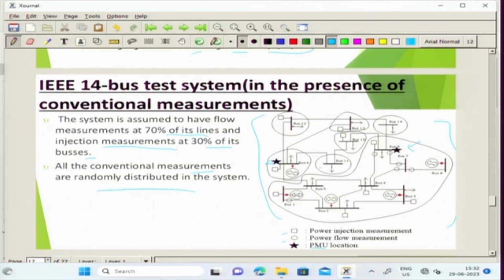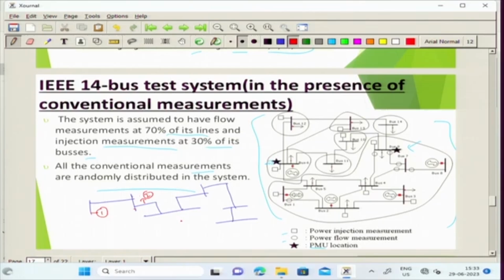So, this PMU location is very critical. Otherwise, what may happen is, let me take a case study to help you understand that. Let us say I am just taking one random bus network. Let us say this is PMU location 1, and let us take another PMU location somewhere here.